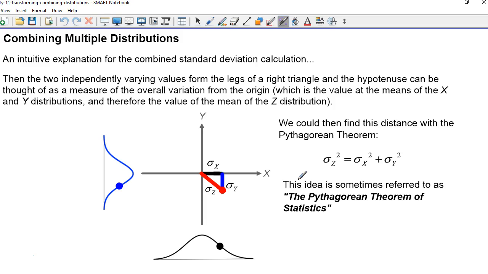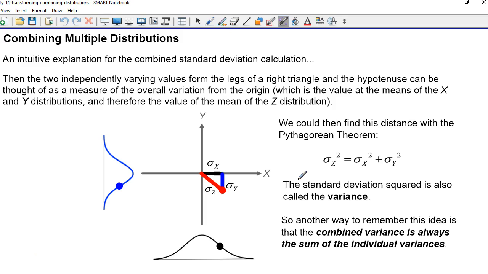It only works when we have a right triangle, and therefore we have to have that x and y are varying independently. Okay. Another way to think of it, and the way I think of it, is the standard deviation squared has a name. That particular quantity, a standard deviation squared, is referred to as the variance. Okay, so the way I think of it is that the combined variance is equal to the sum of the individual variances.